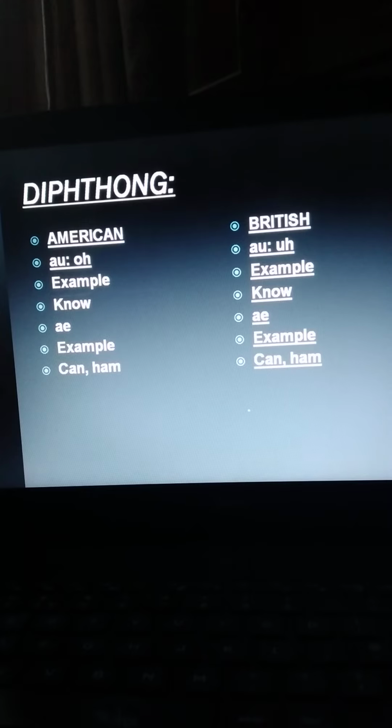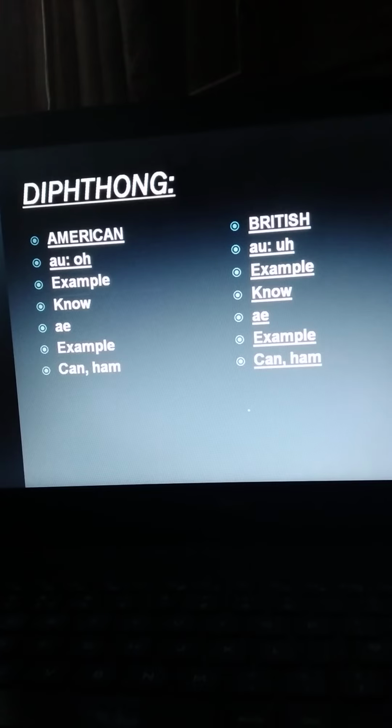Now I want to share with you some common words. British pronounce adult as adult, and Americans pronounce it as adult. Garage: British pronounce it as garage, and Americans as garage. In the UK, you will probably stress the first syllable of garage, while in the US you will stress the second, like adult.